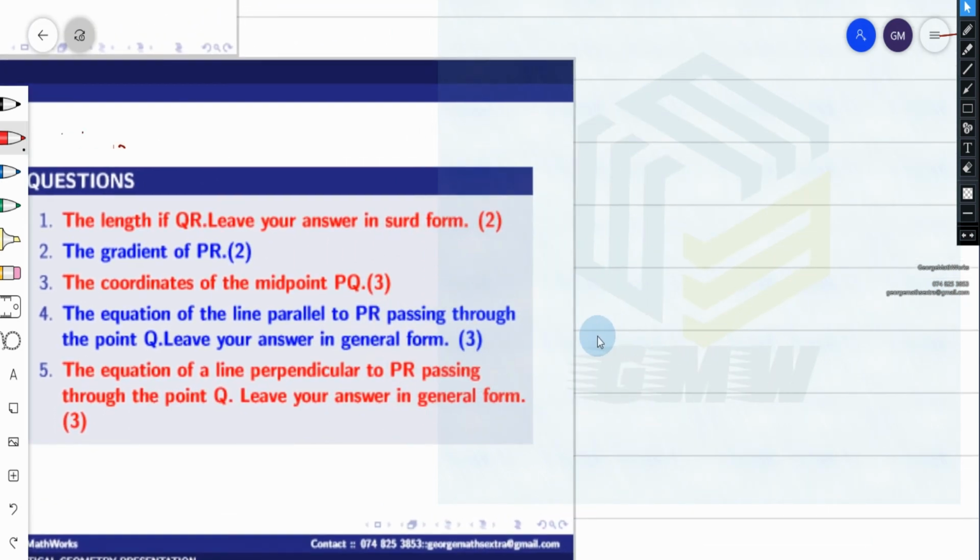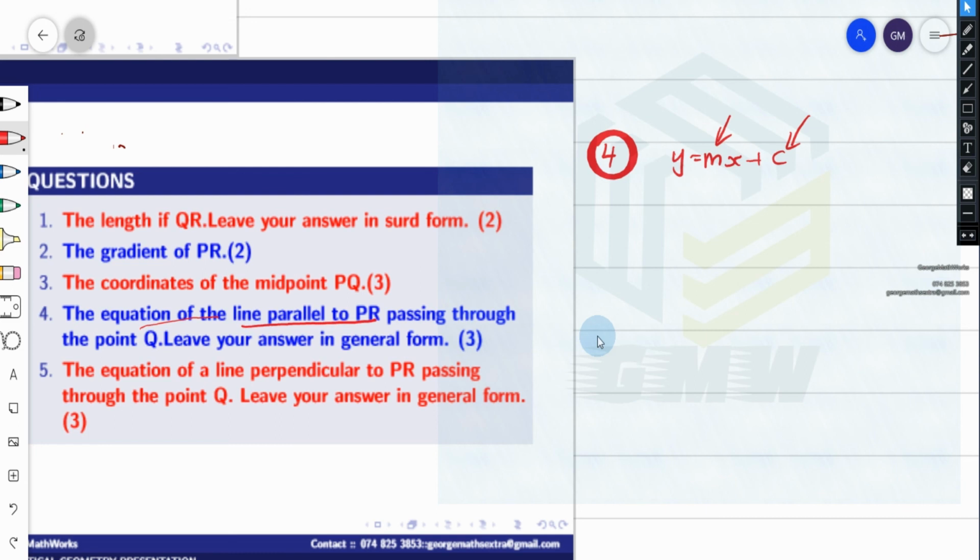Question number 4 wants us to find the equation of a line, and the minute I hear that, I think of y equals mx plus c. I need to find the gradient and I need to find the intercept. But there are important words that are used here: the equation of the line parallel to PR.